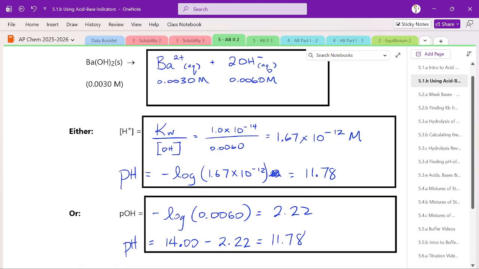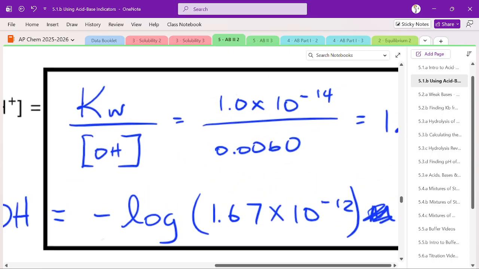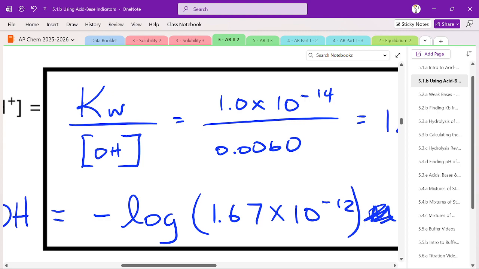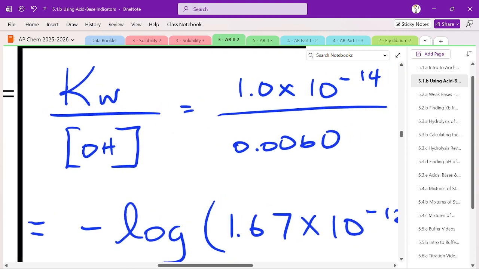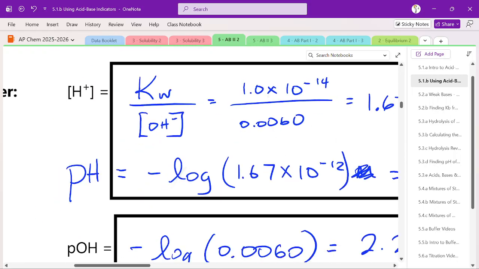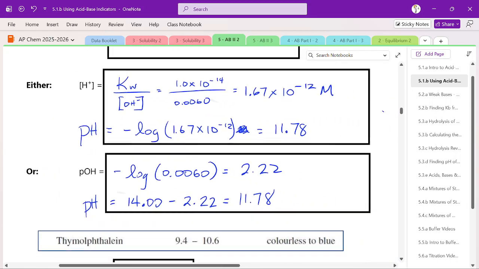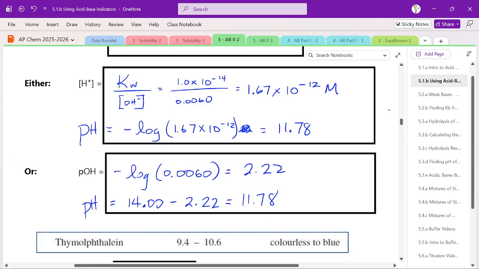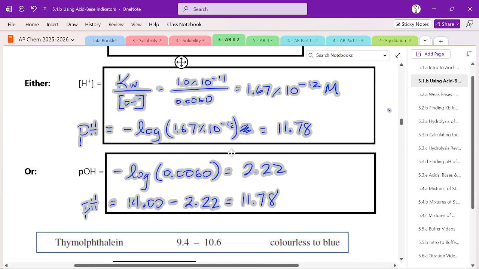Okay, so in both instances, you end up with pH equal to 11.78. And it is your choice which direction to go, but I wanted to remind you that you can go either direction. You can go from OH to H. Oh, what did I forget there? Charge. Okay, and in this case, thymolphthalein will be blue.